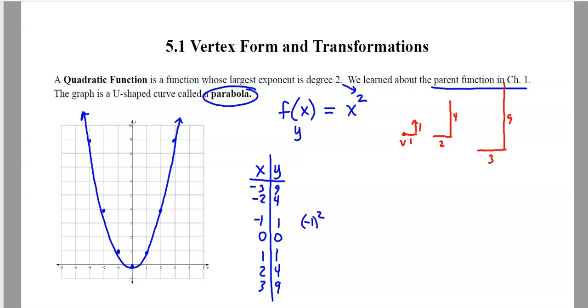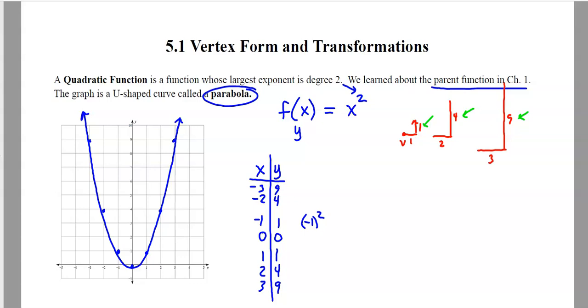That pattern, I really want to burn that into your head, because when we start doing stretches and shrinks and compressing things, we're going to be changing this number right here. We're going to be messing with these vertical numbers. So I really want you to focus on that.